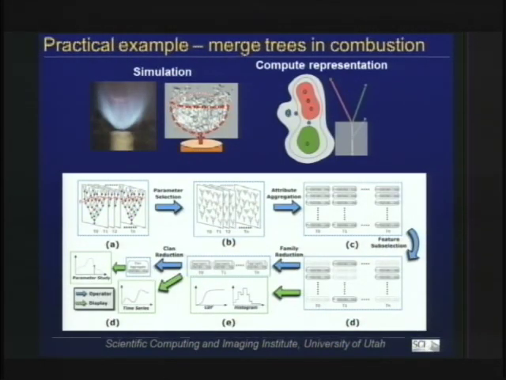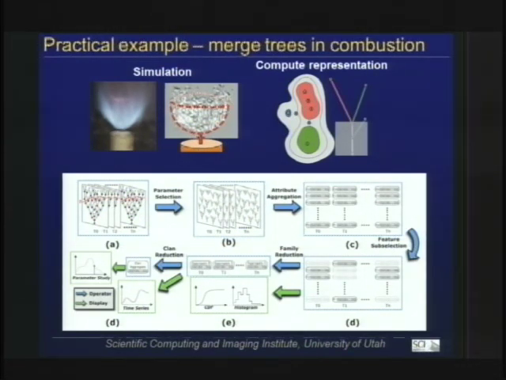Here's a practical example of what we're talking about. Here, the scientists simulated a lifted flame. This is at Lawrence Berkeley National Lab. We picked the merge tree to represent this function. At this point, we've already encoded our data set in this tree.